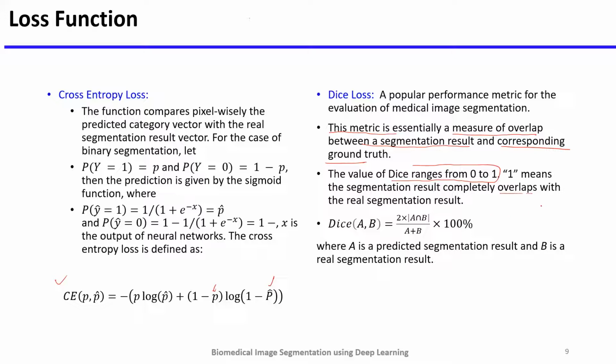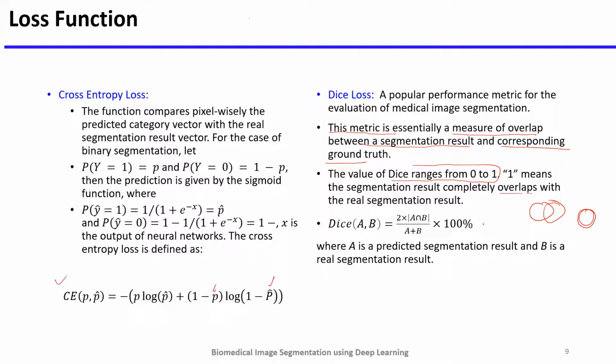So how much they overlap? If it is completely overlap, then okay. If not, then how much? If both are equal, then it will be like repetition on that. So 2 into cardinality of A intersection B, upon cardinality of A plus cardinality of B, into 100.